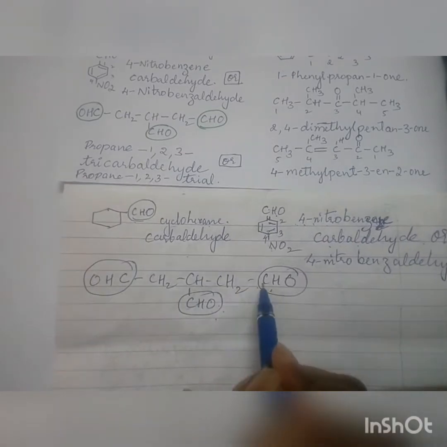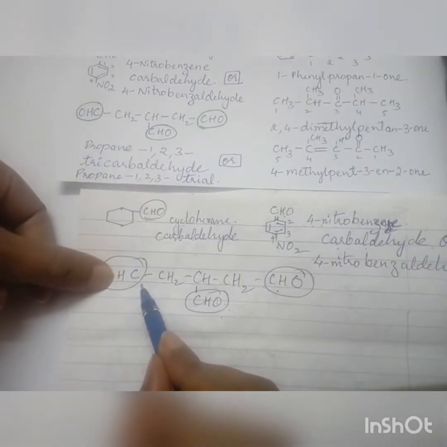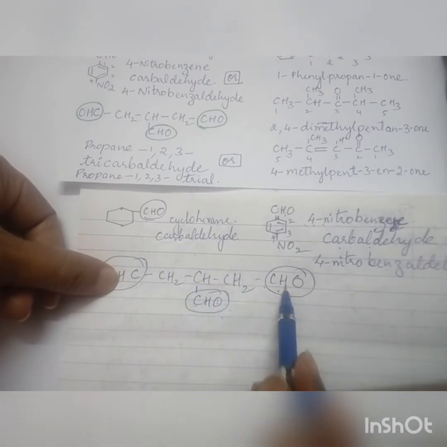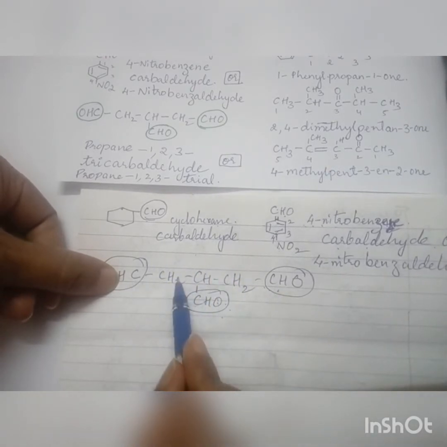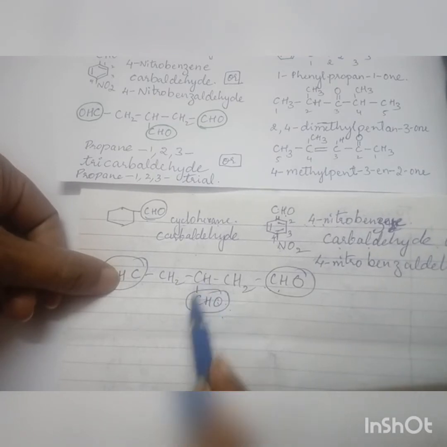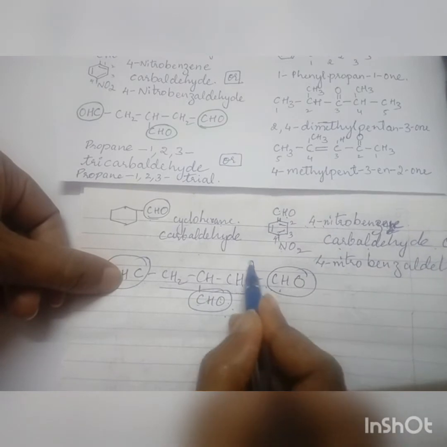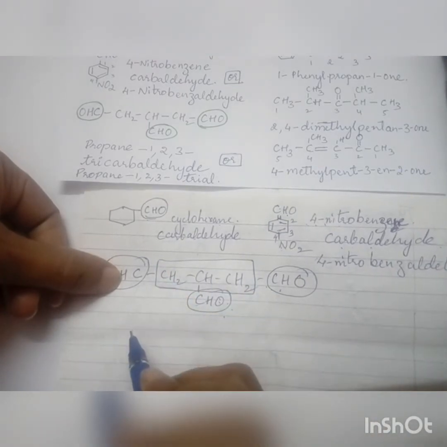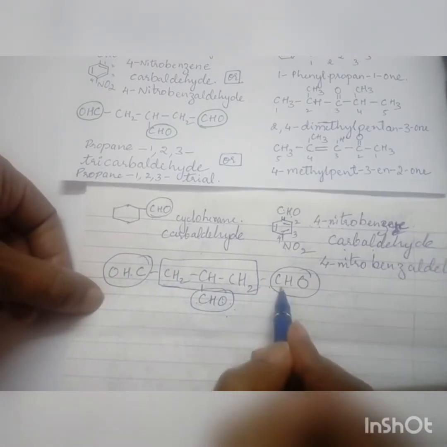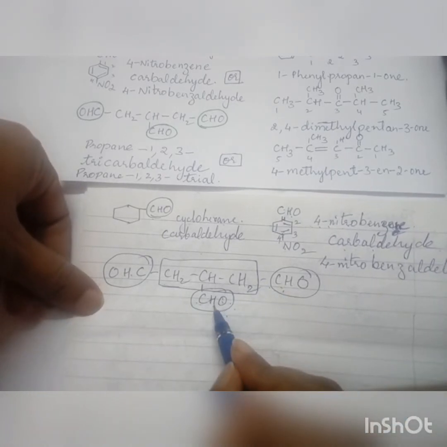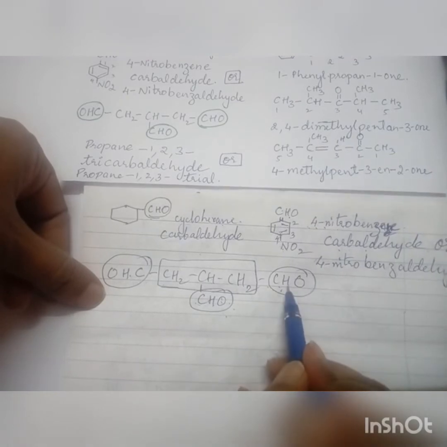And when you have such a group repeating, you consider all these 3 groups as substituents attached to the parent chain. Do not include them in the parent chain, because you cannot include this in the parent chain. So what you do is consider these 3 carbon atoms as the parent chain to which the 3 groups are attached. So they will act as the substituent. When should you do this? Whenever the same functional group repeats more than once.